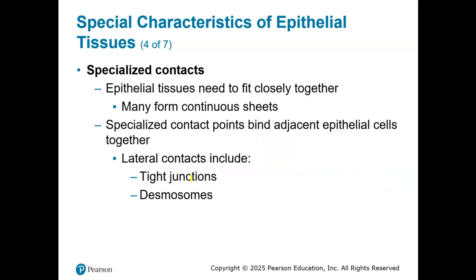All right, then epithelial tissue has special contacts, like tight junctions, which attach the cells to one another and form a tight seal so that fluids can't leak through. And desmosomes are very, very strong button-like connections. I like to think of desmosomes like a spot weld.